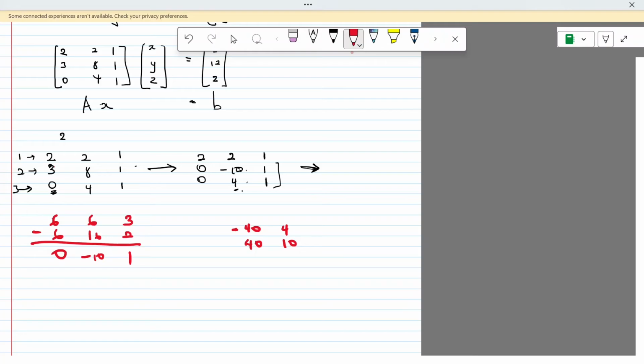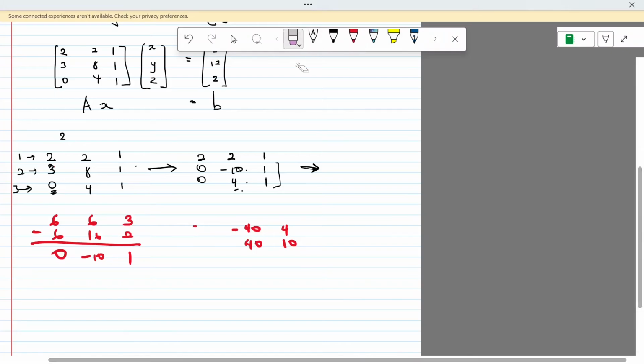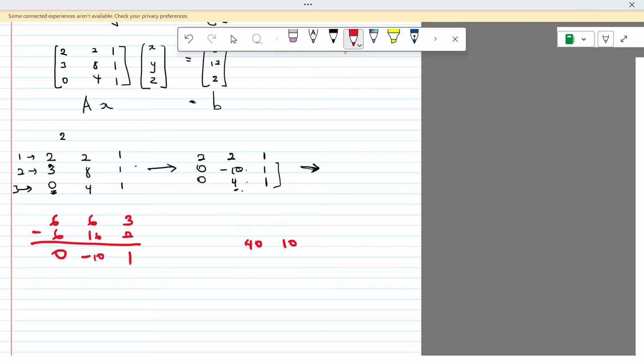Actually, we have to multiply this by a minus 4. Minus 4 will get a 40, then a minus 4 here.